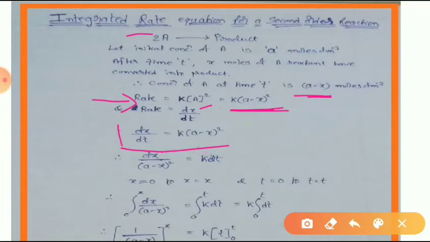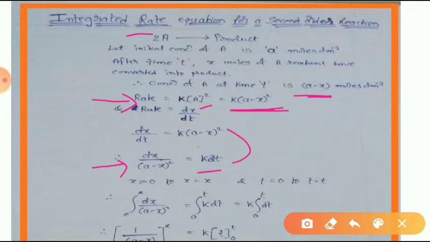Now we have to apply the integration. Before applying the integration, we have to modify the above equation so that the common variables are on the same side. So dx upon a minus x whole square equals k into dt. Now we have to apply the limits.